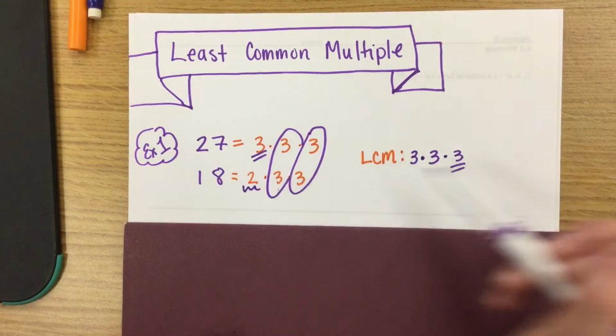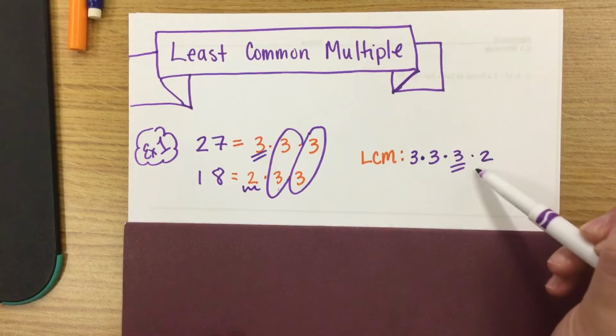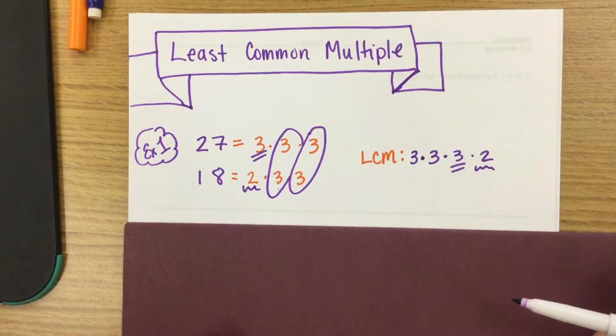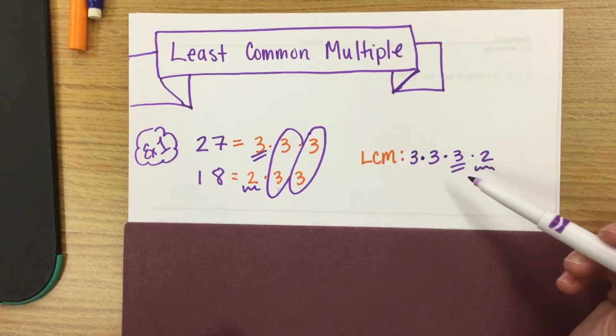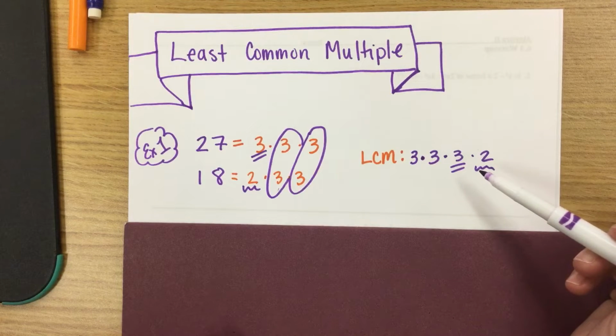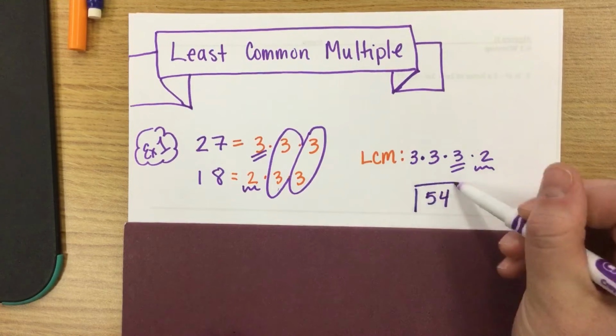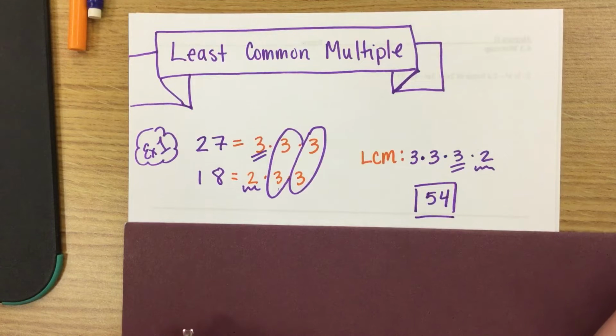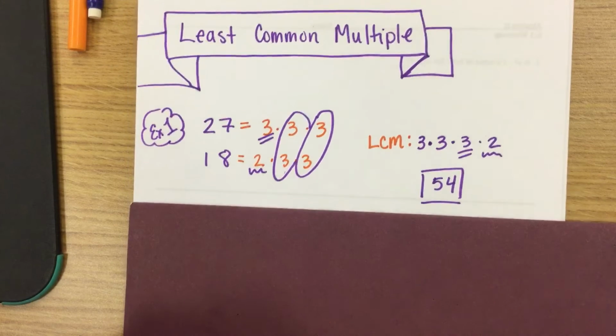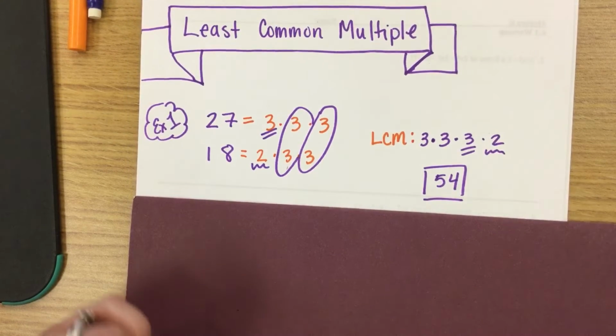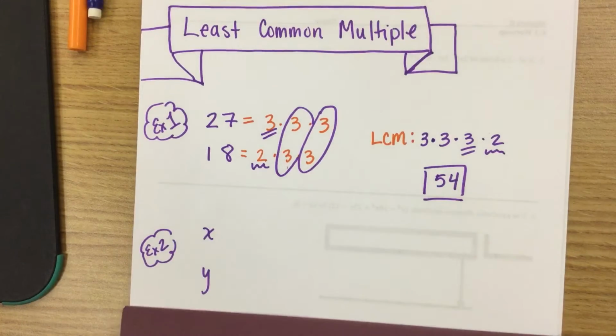And then I have this 2 left over, and so that has to go in one time. And so what I end up getting is a least common multiple of 54, which I'm sure you would have gotten had you done the exact same thing, or listed them, or used your awesome mental math skills.